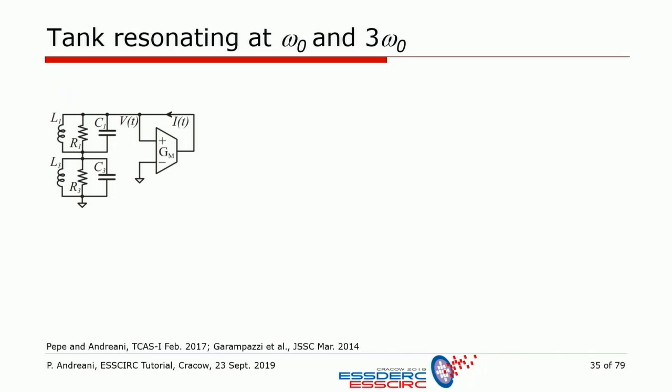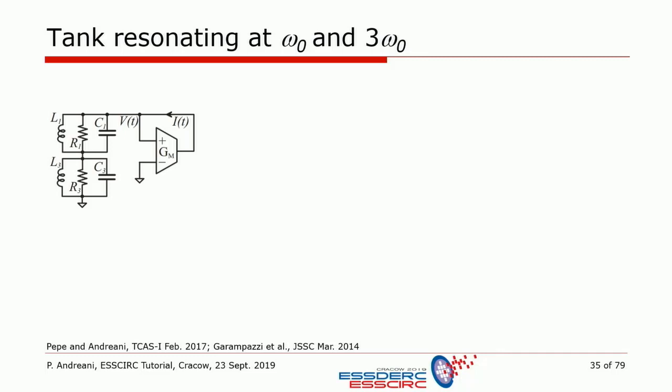For instance, say that there is a resonance at omega 0 and 3 omega 0. Is it good to have that? So let's say that you have a tank that resonates at omega 0, and you ask yourself, is it good to introduce a second resonance at 3 times omega 0?